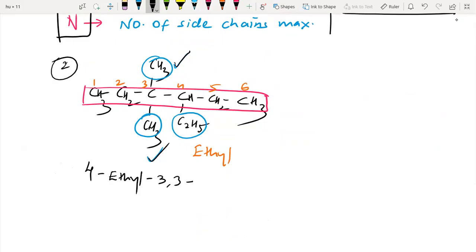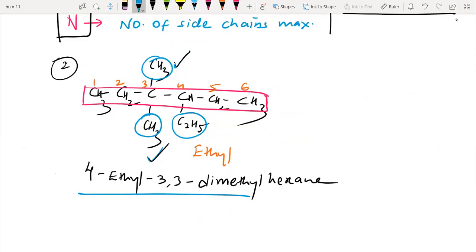How many are there? 2. So we'll write dimethyl. And 6 carbons are there, so we will write hexane. So the name of this compound is 4-ethyl-3,3-dimethylhexane.